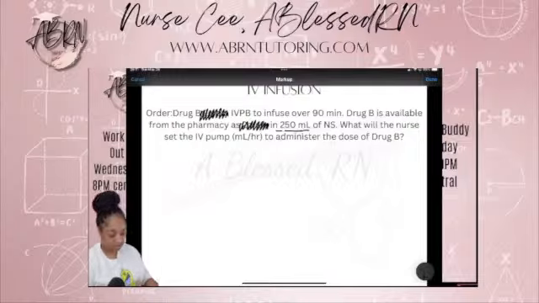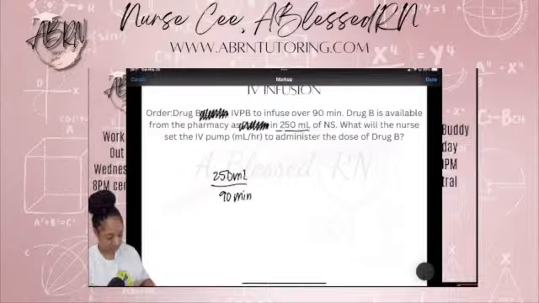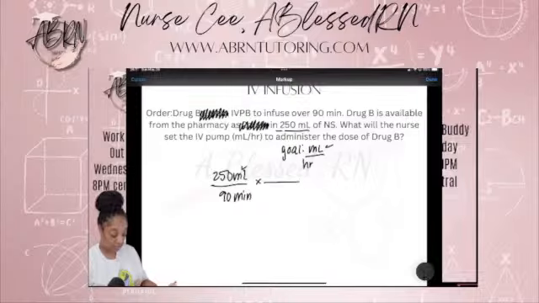So we need 250 mLs to go over 90 minutes. Okay? Our goal, however, is milliliter per hour. So we got milliliter at the top, but we need hour at the bottom. So what we'll do to fix that is put our 60 minutes is 1 hour.